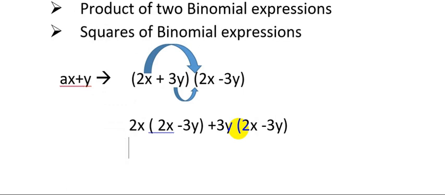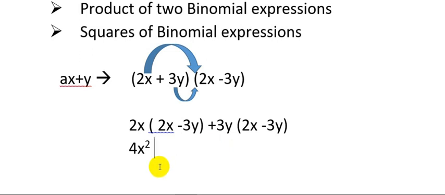Now we can multiply each term of this expression. So 2 multiplied by 2 is 4. x multiplied by x is x square, or x to the power 2.